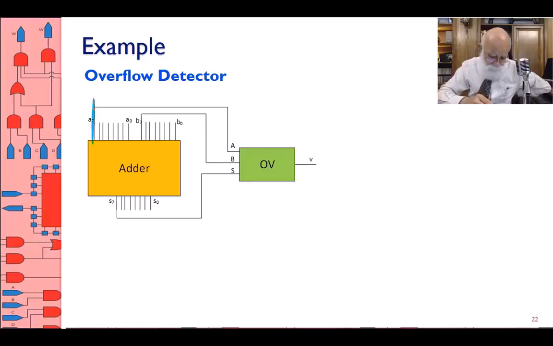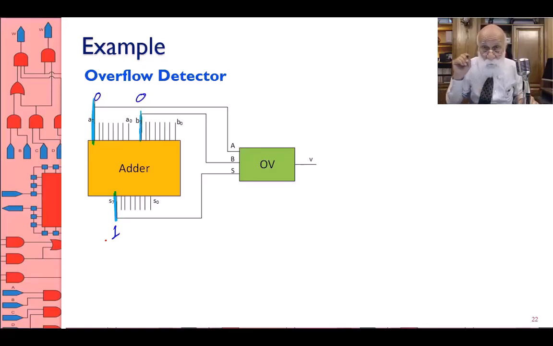Like this is a sign bit, this is a sign bit, and then looks at the sign bit of the result, which is S. If it finds that, for example, the inputs are 0, 0, the output is 1, that means the inputs are positive, the output is negative, that's a bad case, it's an overflow. I'm not saying what to do about it, I'm just saying, well, this is no good. The 8-bit is not enough. So that's an overflow circuit.